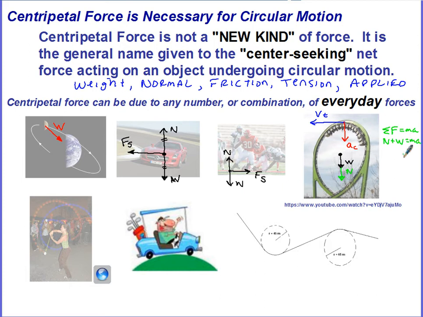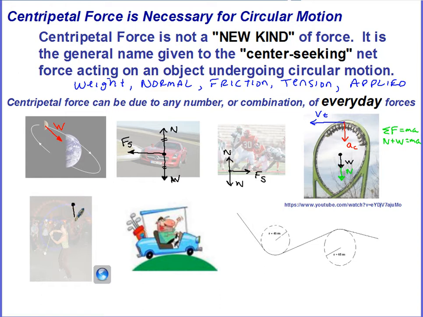And so I would add them together because they are both pointed towards the middle of that circle. Now, if we consider an object being twirled around in a circle on a string, at the top of this, where the ball is being whirled around, we also have something very similar to what we have over here.